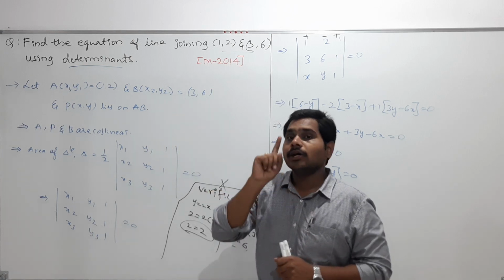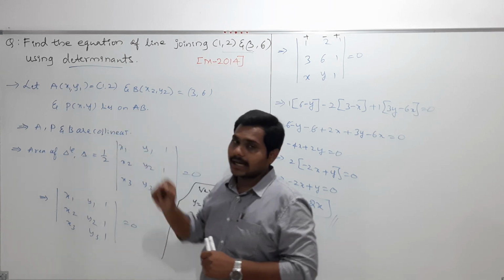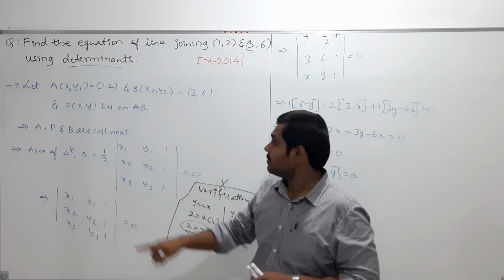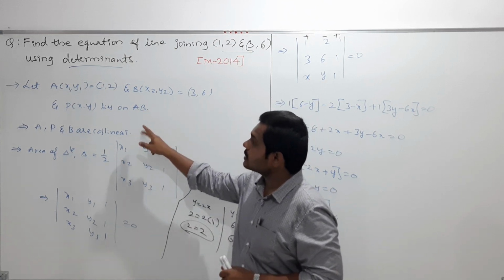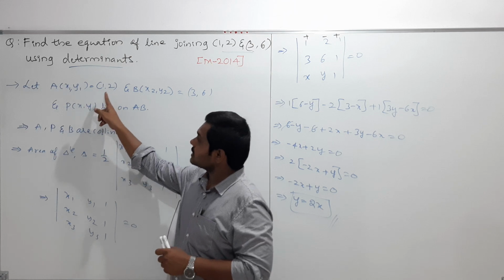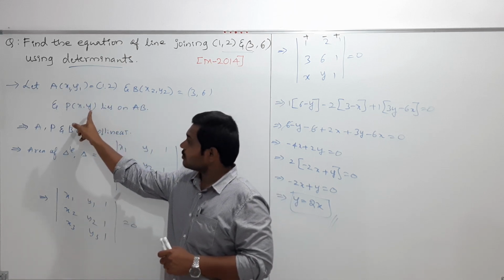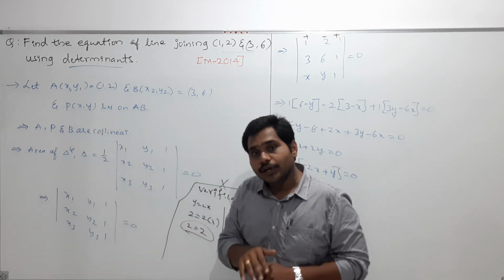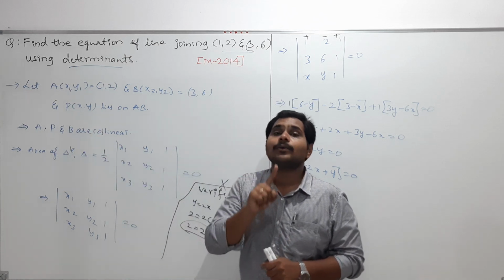After considering this, you should take another general point P of x comma y, which lies on the line AB, the line joining A and B. After considering these 3 points, if A and B are the 2 points and I consider P of x comma y on the same line, it means these 3 points are collinear.